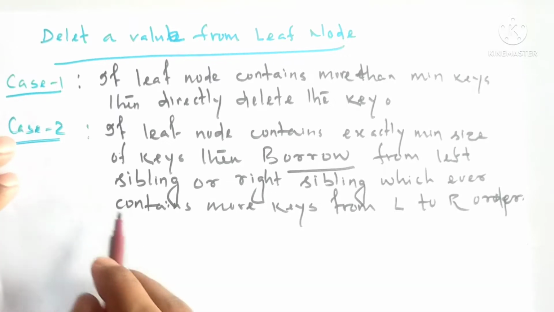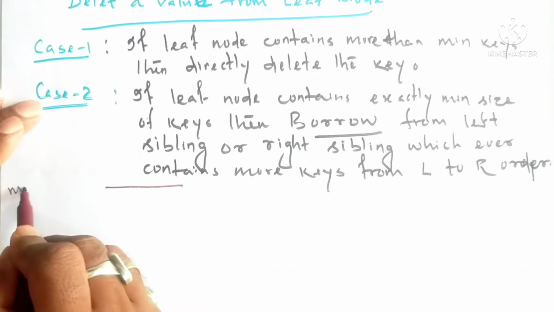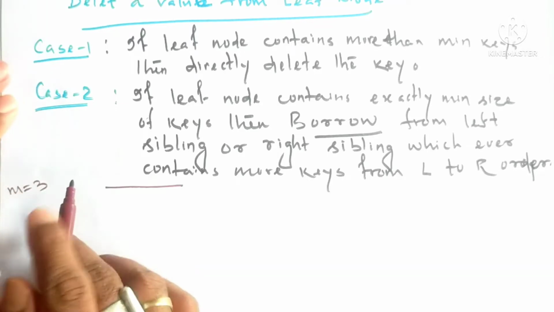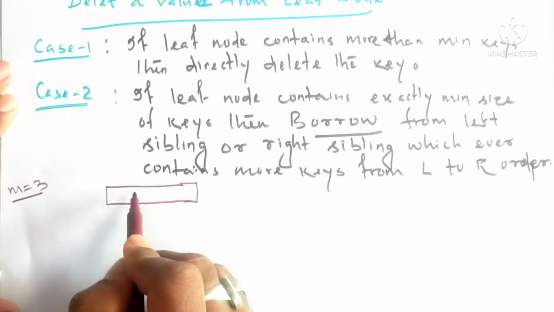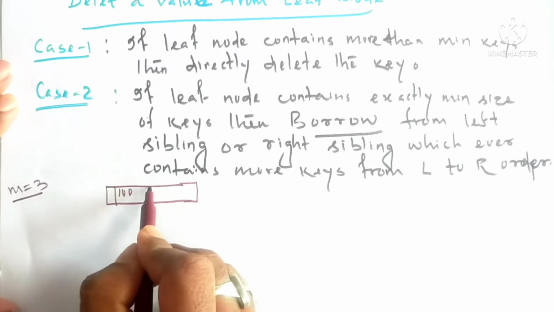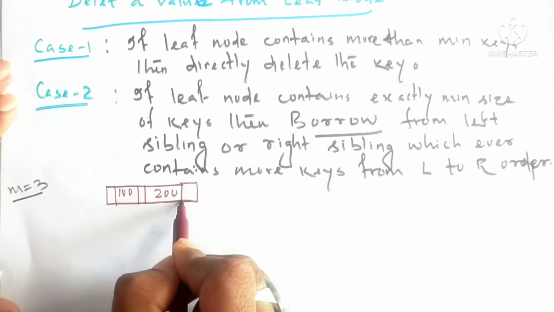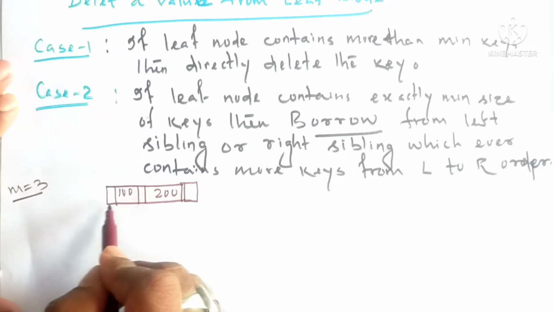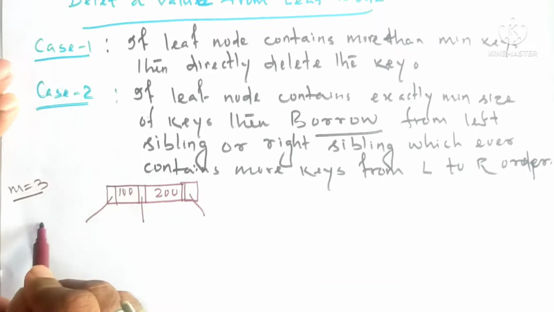For example, suppose I have a B tree of order 3, so we can keep a maximum of 2 keys. I place here 100 and one more value, 200. Now it points to one leaf node, and this points to another leaf node.